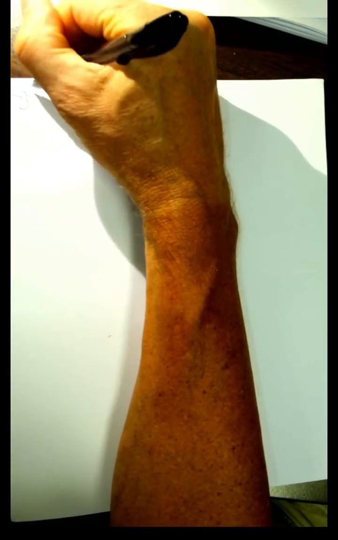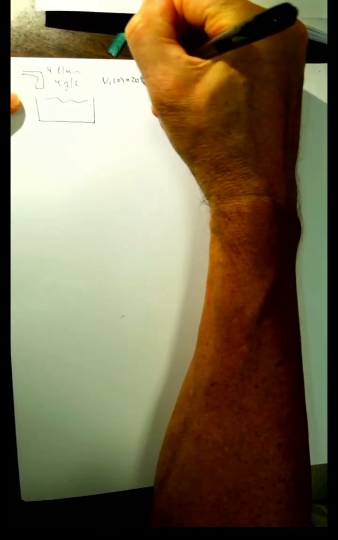So let's be careful here. What do we have? Let me redraw this because this is a mess. I've got 4 liters per minute coming in at 4 grams per liter. I've got the initial volume is 200, and the initial amount of stuff is 0 grams.